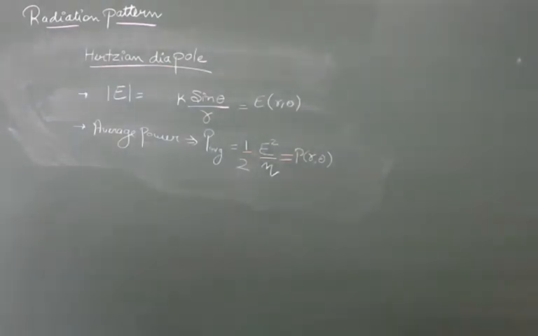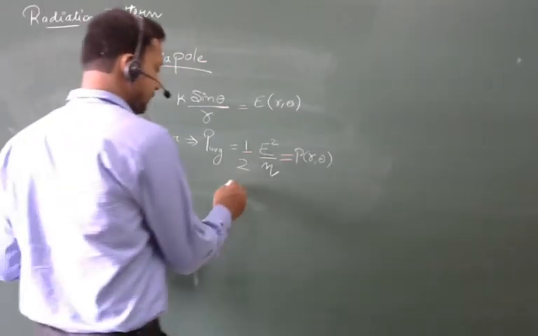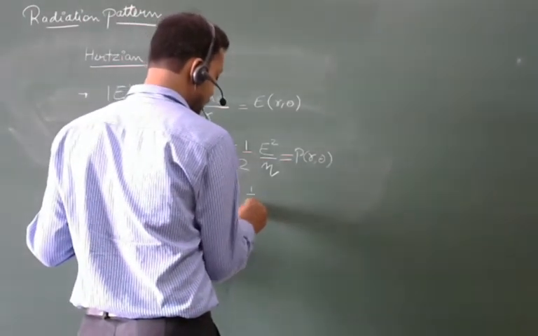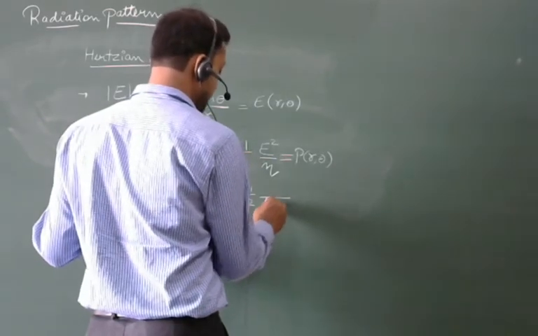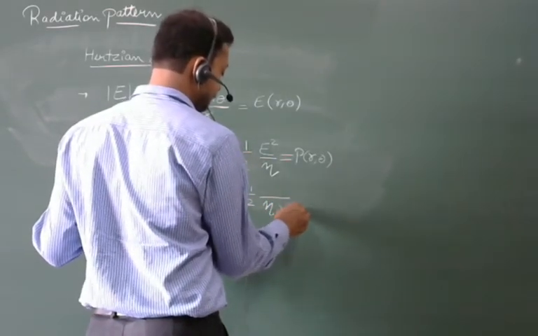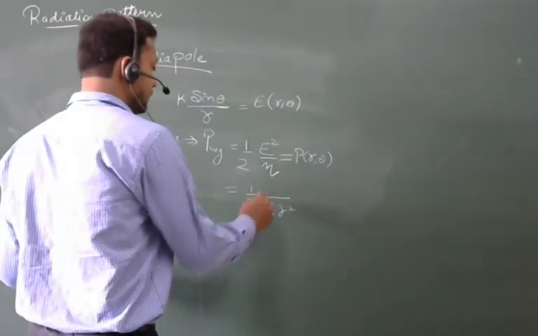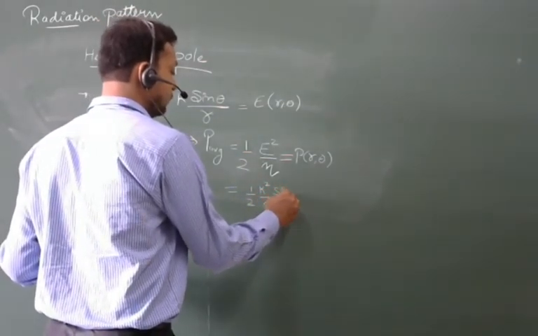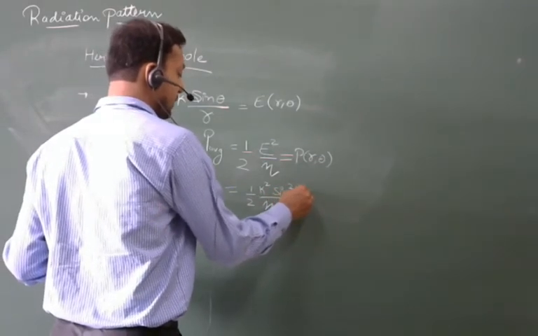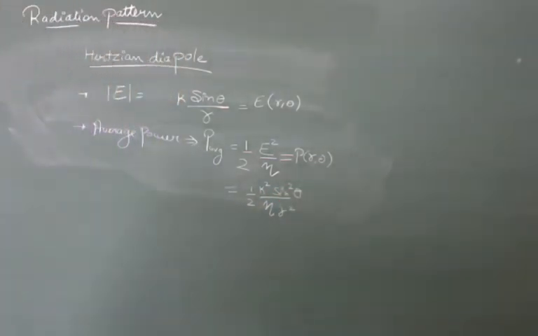So this can be written as 1 by 2 eta into r square, this constant k square and sine square theta. So this is the average power for the given case of the Hertzian dipole.